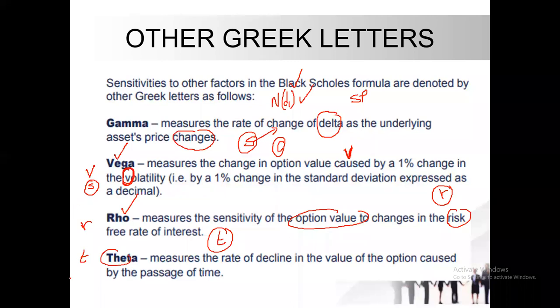So these are what we call the Greek letters. The one which is significant for you is the delta, because it can enable you to create a delta hedge. We can create a delta hedge.